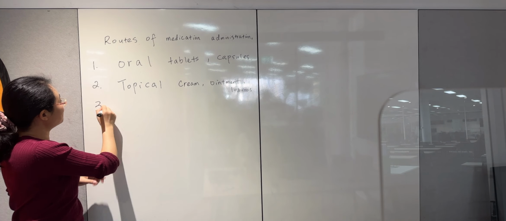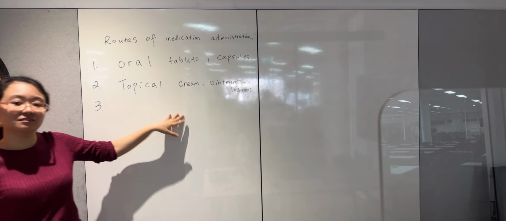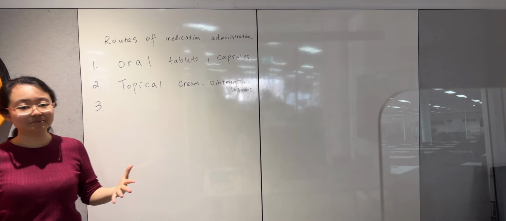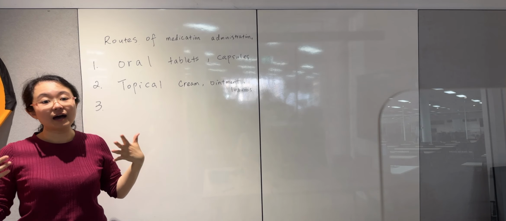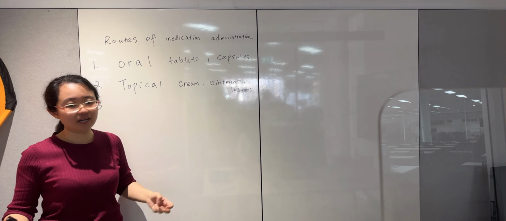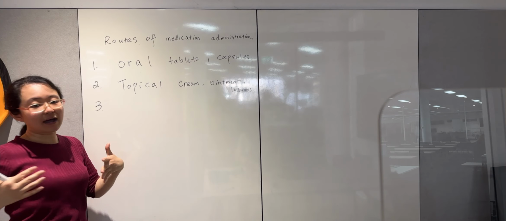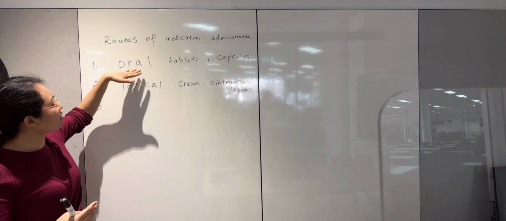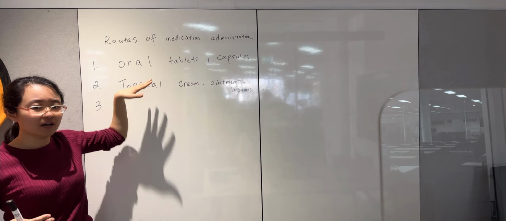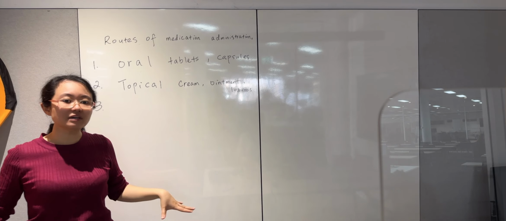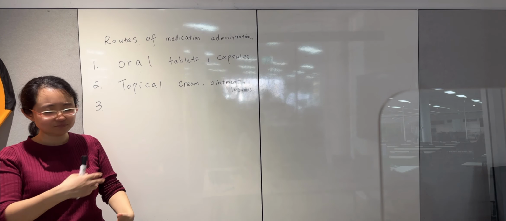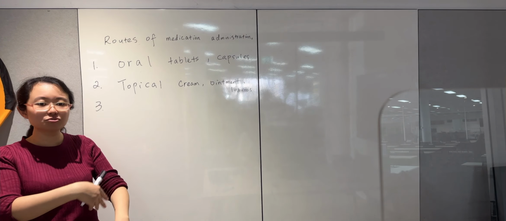Now the third route I want to discuss is injections. Apart from the oral route, all the other routes that we give, like through injections, are called the parenteral route.